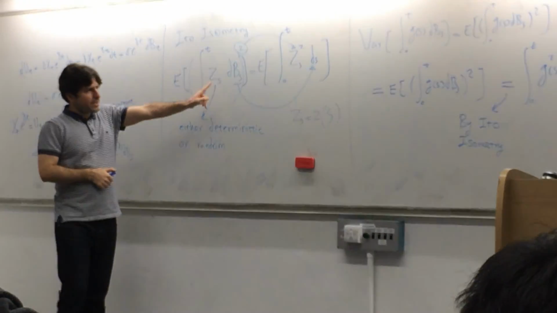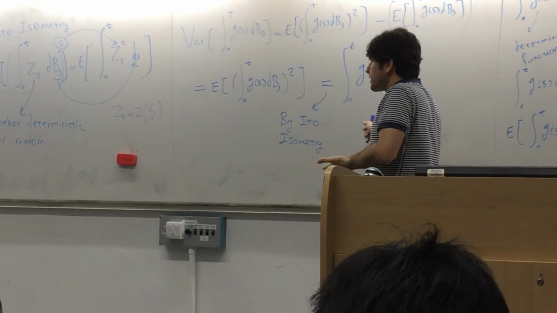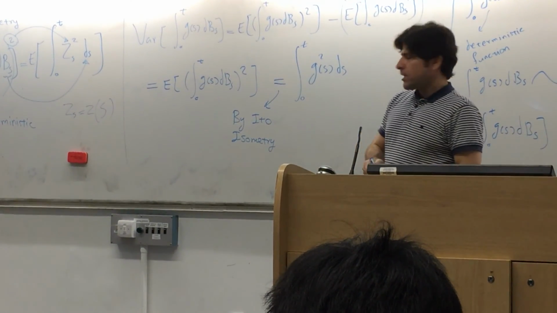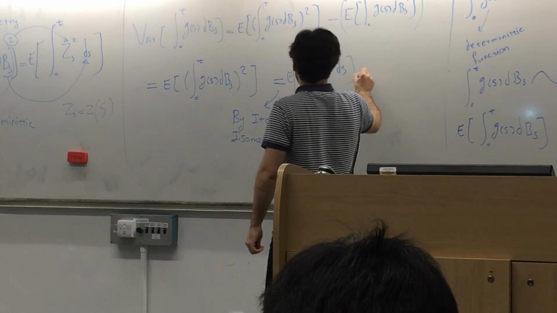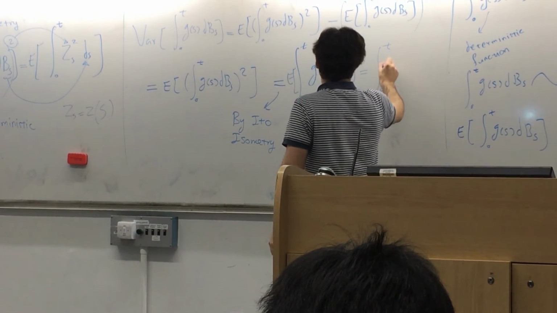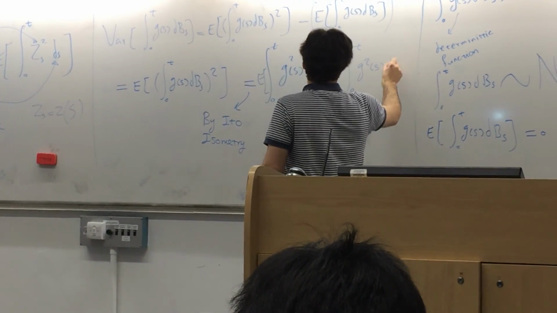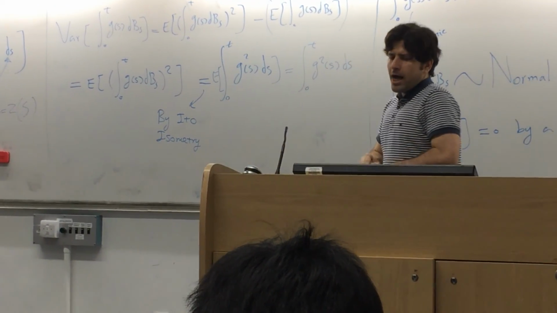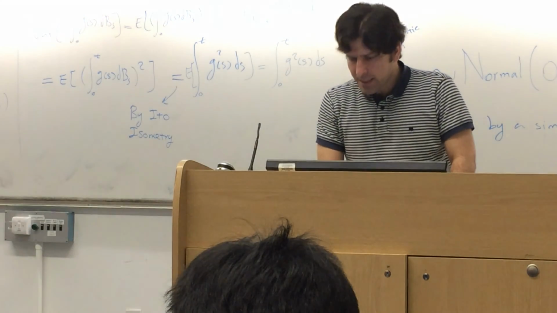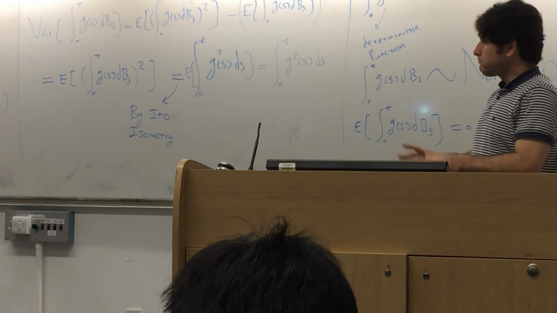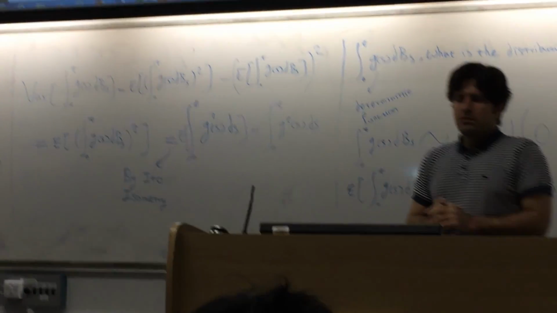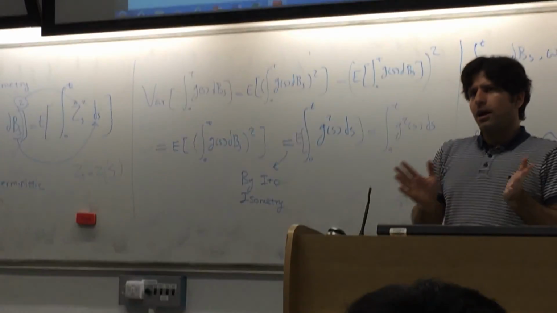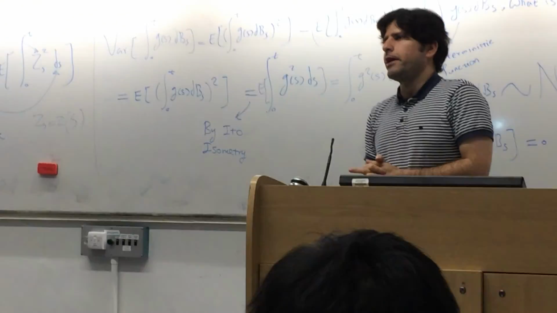Now if instead of Z I have g, then I don't need the expectation, because g is deterministic and there is no randomness. The expected value of this is just the integral from 0 to t of g(s) squared ds. You use this identity a lot, so try to understand it. Okay, so we're done. Unless you have any questions, you can come and ask me.